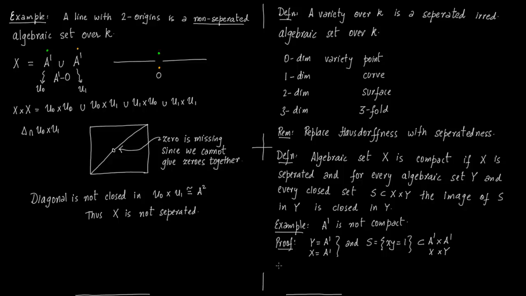We need to check that the image of S in Y is closed in Y. In this case the image of S in Y, which is A1, is A1 minus 0. When you project xy equals 1 onto the x-axis, you recover the entire x-axis except the origin. And you know A1 minus 0 is not closed. So A1 is not compact.